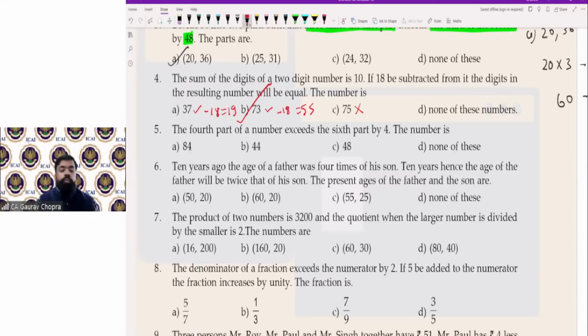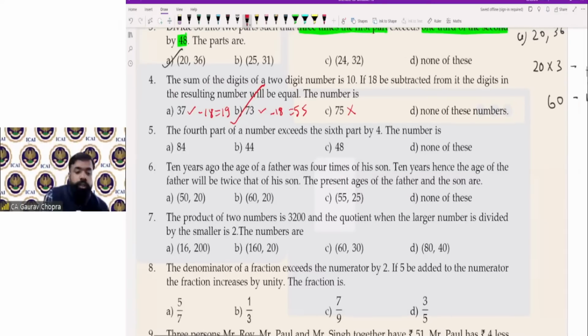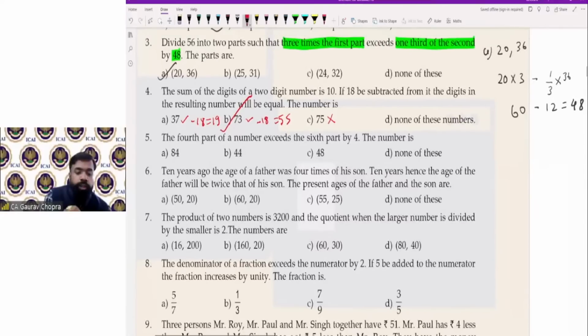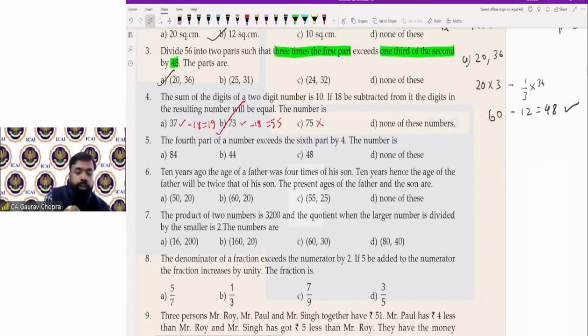Now the fifth one, fourth part of a number exceeds the sixth part by 4. Then the number is. Again, it is language-based question. Fourth part of a number means 1/4. Try option number A first. So 1/4 of 84 is 21.